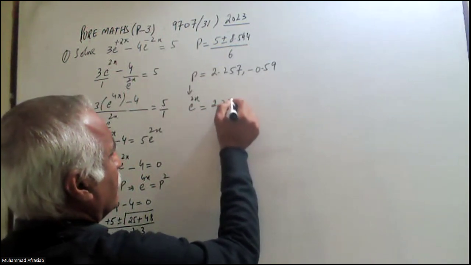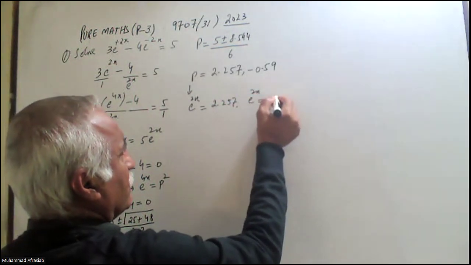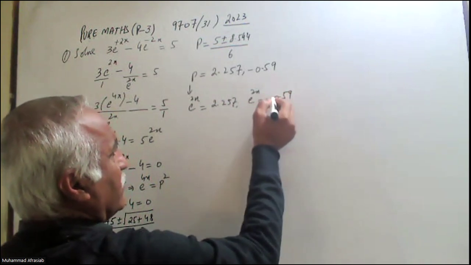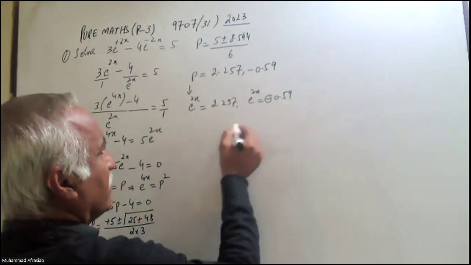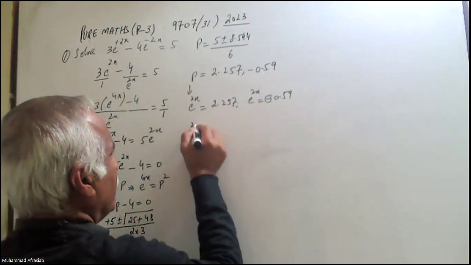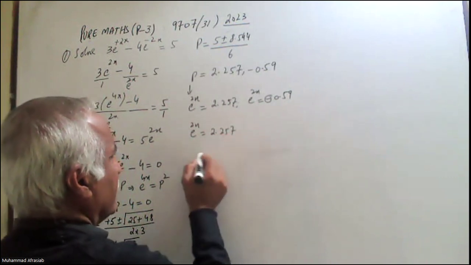2.257, or e^(2x) is equal to minus 0.59. But this value is not possible as it is negative. So we will evaluate this value only. So e^(2x) is equal to 2.257.